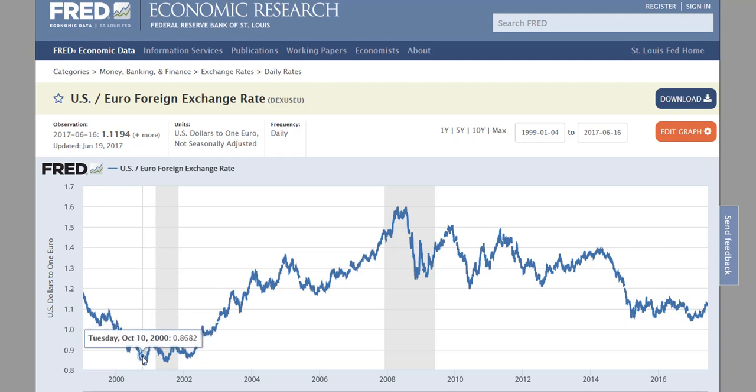Look, by October 10, 2000, you only needed 86.82 cents of a dollar to buy 1 euro. But then it appreciated a lot against the euro. So making it easier for American firms to compete in European markets and making it difficult for European firms to compete in the US markets.